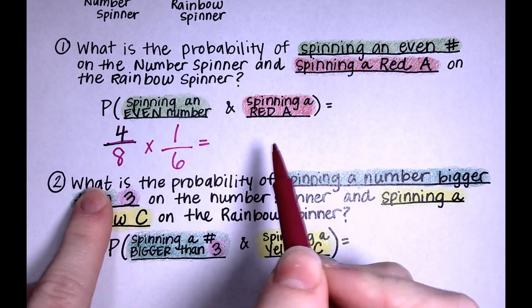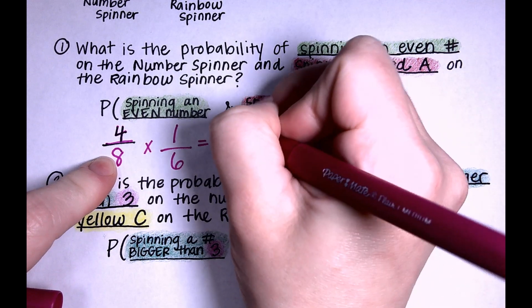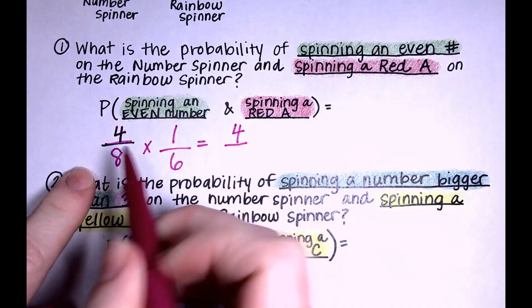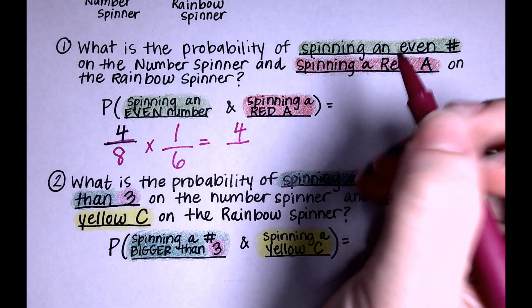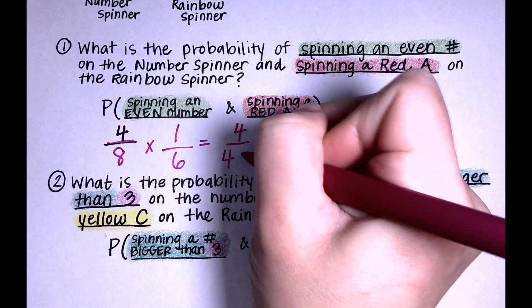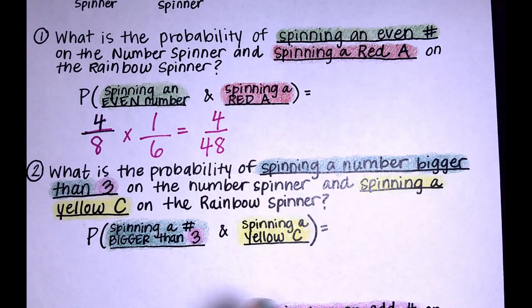So how do I multiply fractions? Straight across. 4 times 1 is 4. 8 times 6 is 48. Okay, so 4 out of 48.